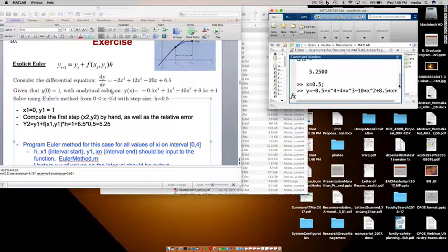So the error is 5.25 minus y, absolute value, divided by the absolute value of y, and that is 63%, so I'm quite a bit off. Okay.